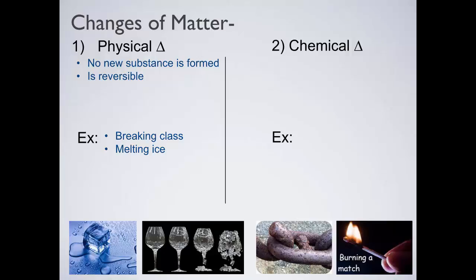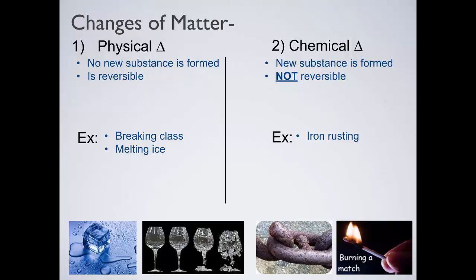In a chemical change, there are differences in what's produced afterwards. New substances are formed in a chemical reaction, and they are usually irreversible. If you have a piece of iron that's rusting, the iron is actually changing into a new substance.